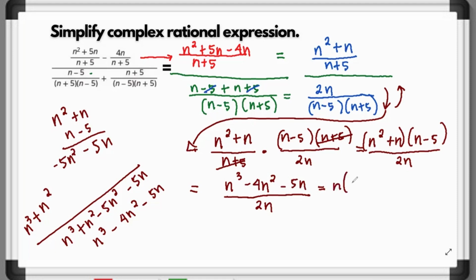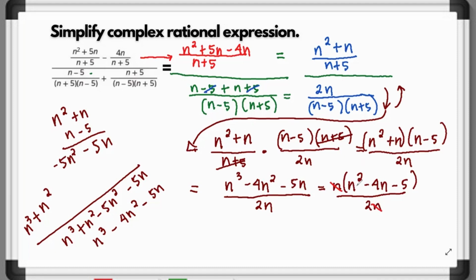And then n squared minus 4n minus 5 over 2n. Okay, we have common. The common there is n, which is divisible by itself, meaning you can cancel n by another n. So 2 is now the remaining expression. 2 is now the constant that is left.